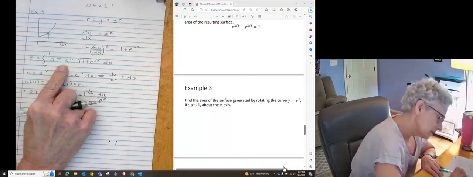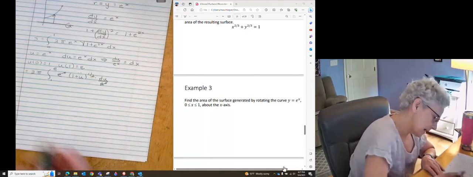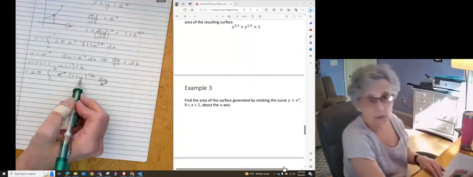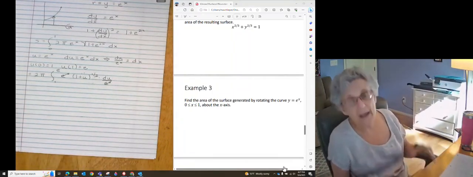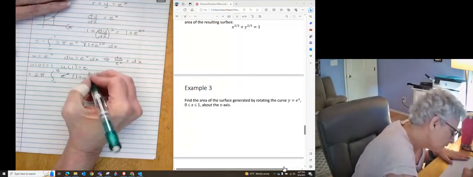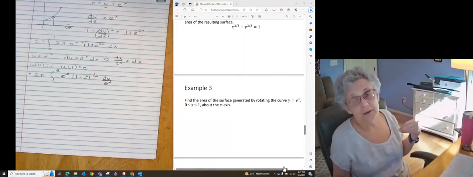So I replaced my dx with du over e to the x, and that got rid of that. So now I just have 1 plus u squared underneath that radical.